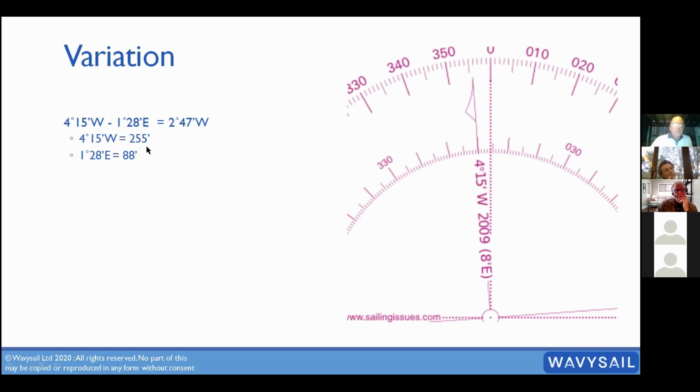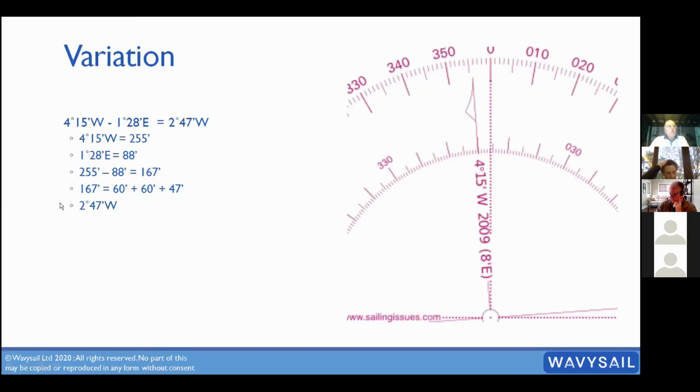So you could literally then just go 255 less 88, divide by 60. 167 is 60 plus 60 plus 47, isn't it? 2 degrees 47 west. So we must always work it back to 60 minutes making a degree, 60 minutes making a degree, and then whatever is left over. That's what I'm trying to get across here.